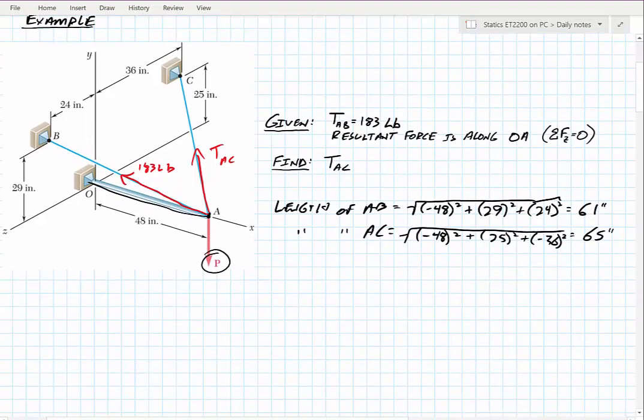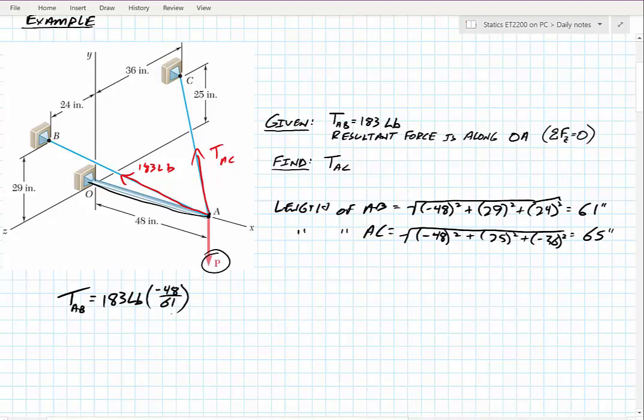The reason I did that is now I can put it into component form, where I would say the tension in cable AB is equal to the total tension of AB, 183 pounds, times the distance in the x direction, negative 48 over the total 61.